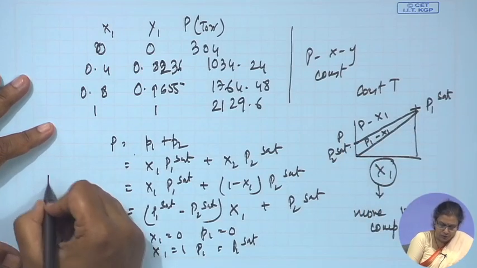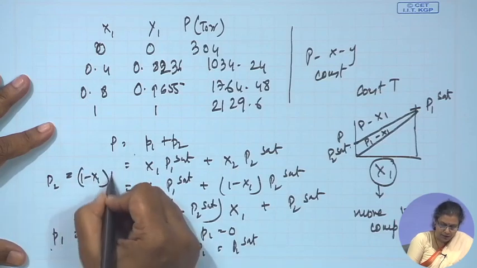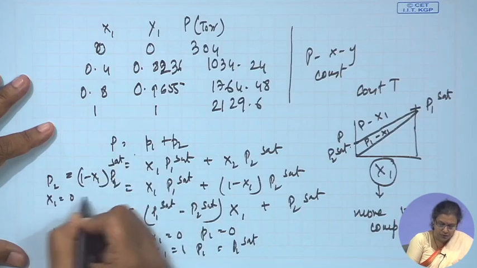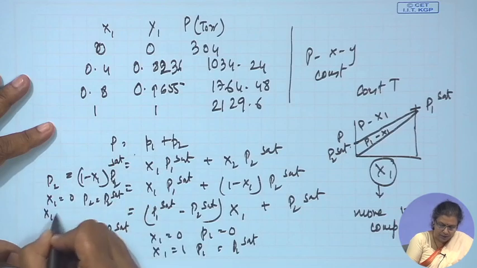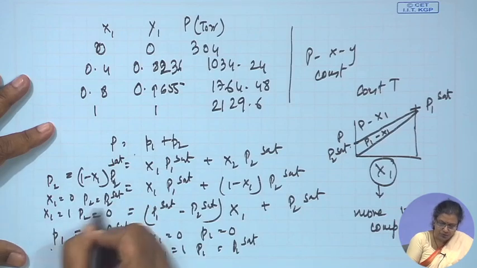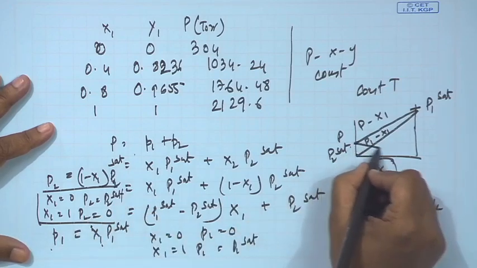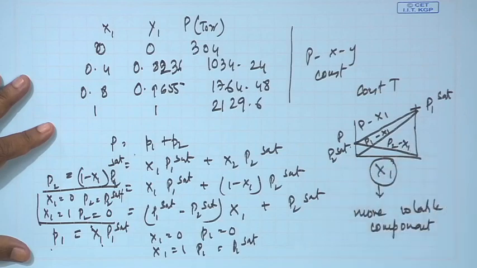What about P2? P2, we know, is (1 minus x1) P2 saturated. So, for x1 equals 0, P2 equals P2 saturated, for x1 equals 1, P2 equals 0, right. So, this curve should be something of this sort. This is P2 versus x1, fine.